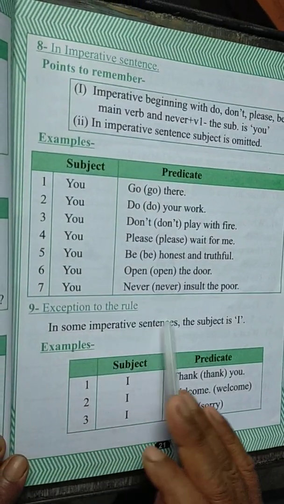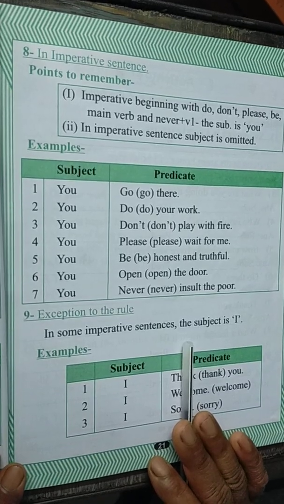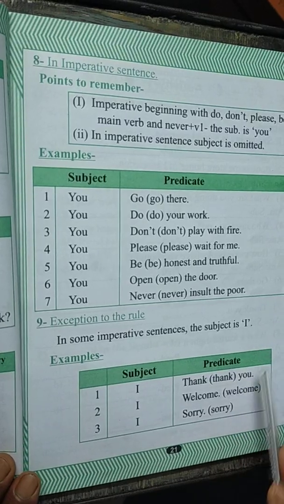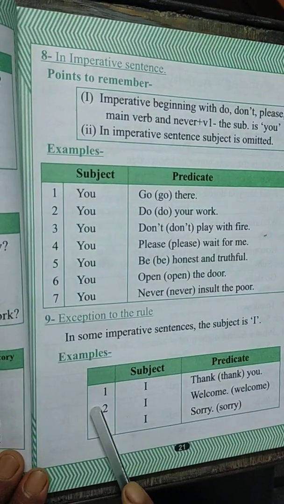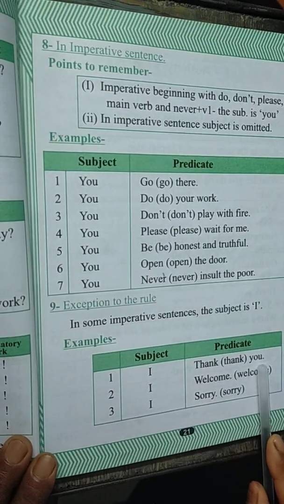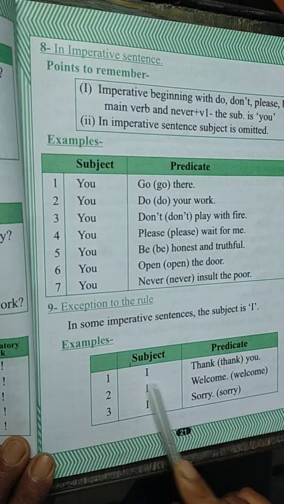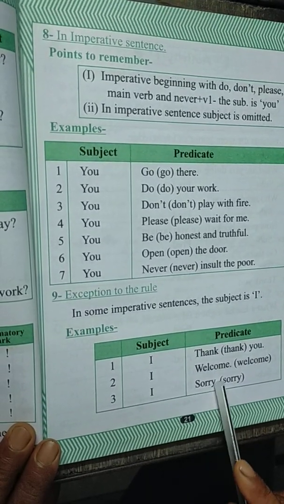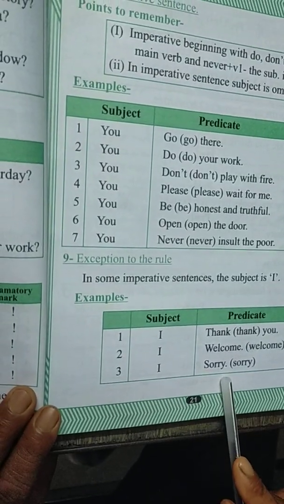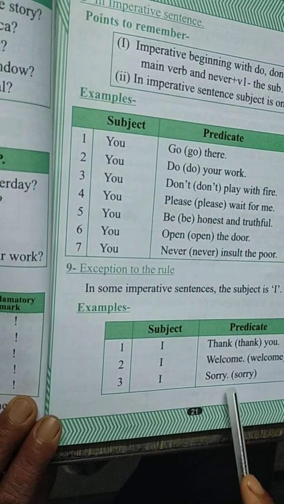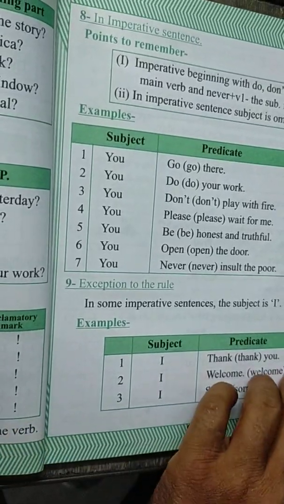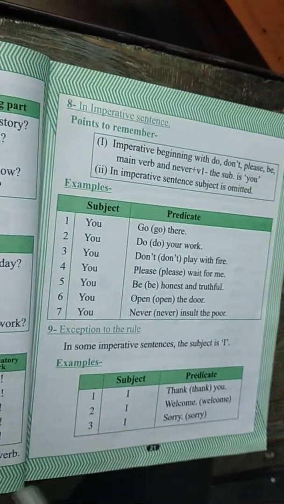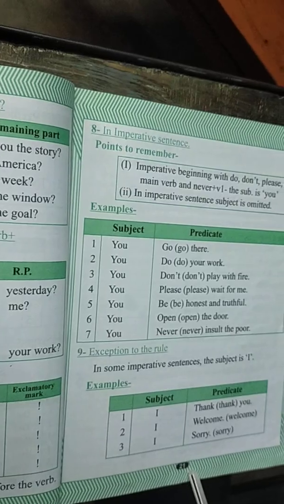Exception to the rule: in some imperative sentences, the subject is I. See the example: I thank you. Subject is I, predicate is thank you. I welcome: I is the subject, welcome is the predicate. I am sorry: subject is I and sorry is the predicate.